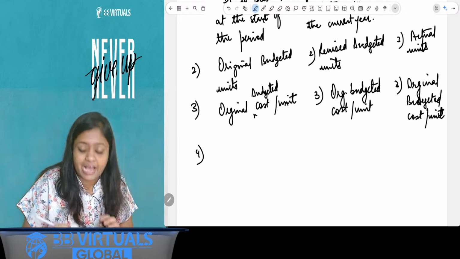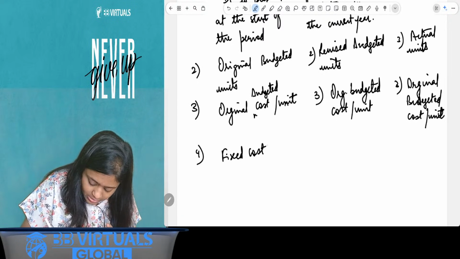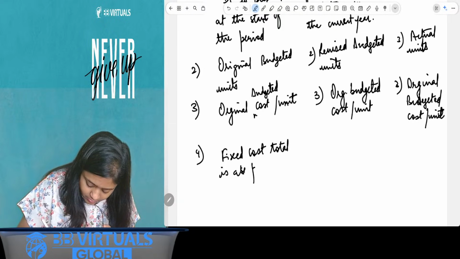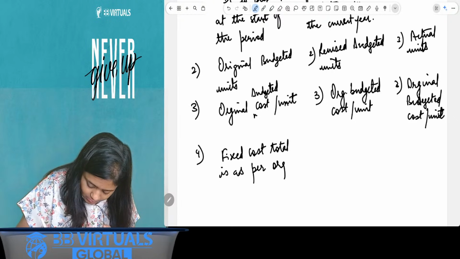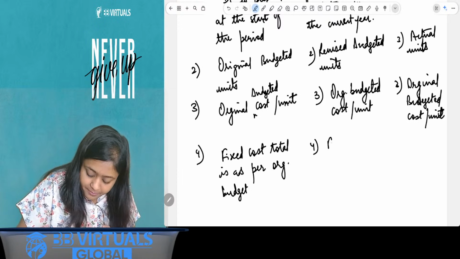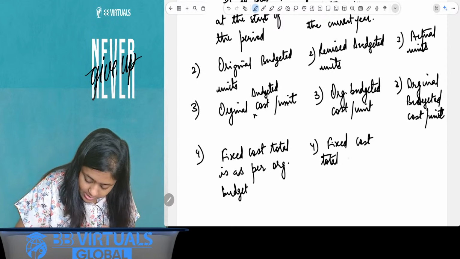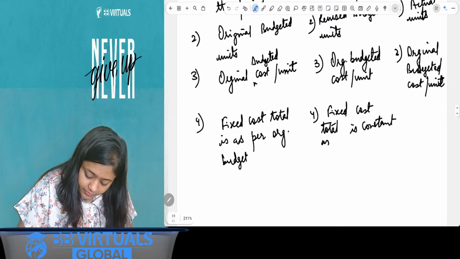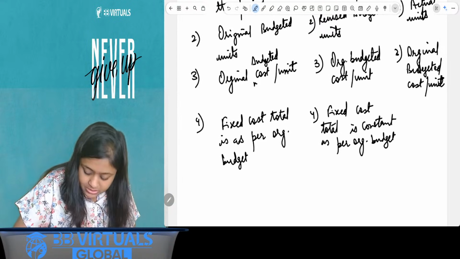And just the last point I would like to highlight here is fixed cost total is as per original budget. Here also same, fixed cost total is constant as per original budget.